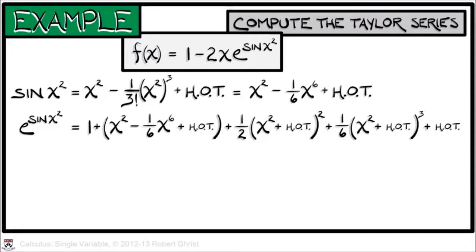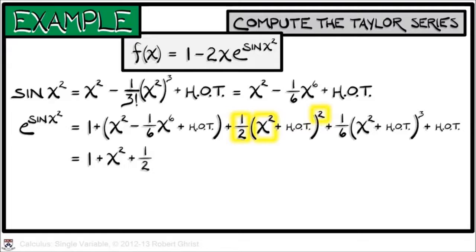Notice that I'm using plus higher order terms liberally in order to ignore things that aren't going to matter for the first few terms. To simplify this, we go degree by degree. The constant term is 1. There's only one quadratic term, namely x squared. Are there any fourth order terms?